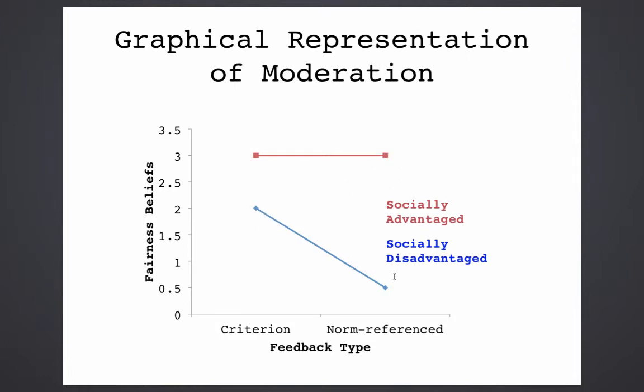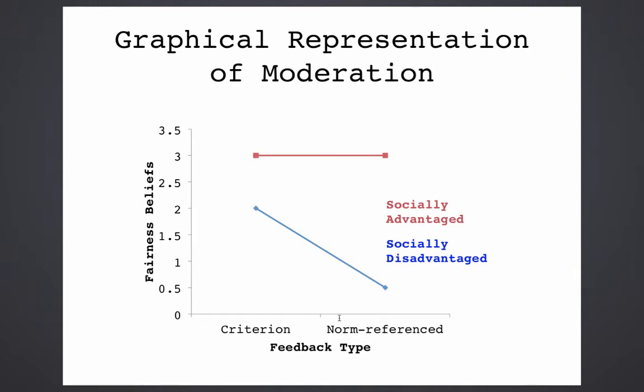Alternatively, socially disadvantaged students ended up with much lower fairness beliefs when they received norm reference feedback compared to criterion reference feedback. So this is an interaction. It's an interaction between the independent variable and the moderator variable.